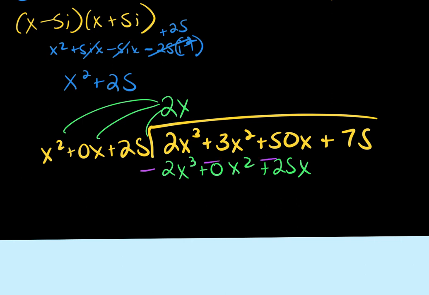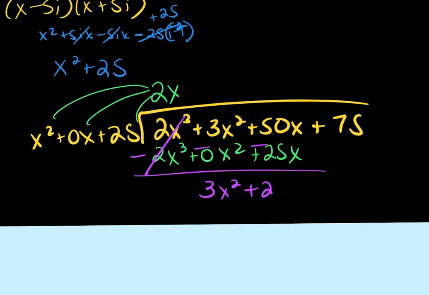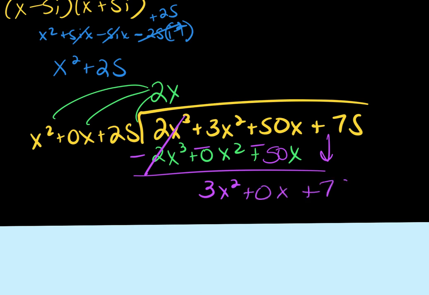Change your signs. 3x squared plus 50. When we multiply it out, it's positive 50x, but then we change the signs and add, or subtract, same thing. This would be 0x plus 75.